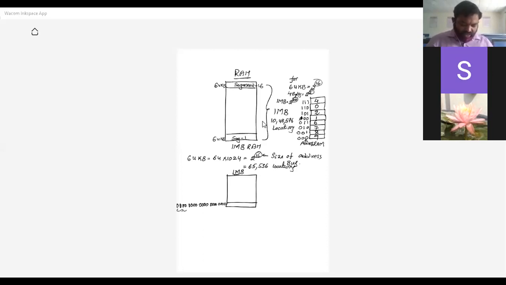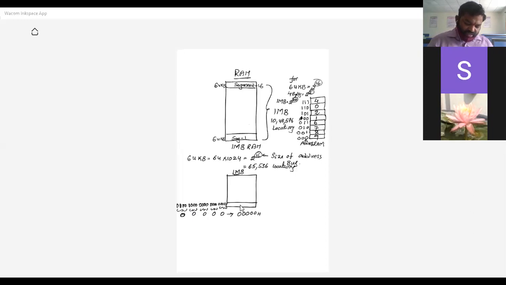Write the same thing in hexadecimal. This is 00000. Binary number is converted into hexadecimal, because binary representation becomes very big. For our convenience, we convert the binary number into hexadecimal.